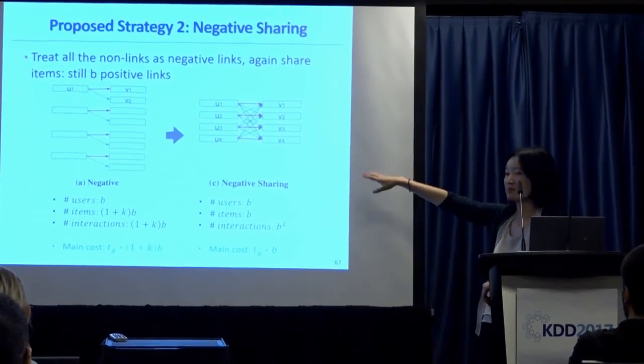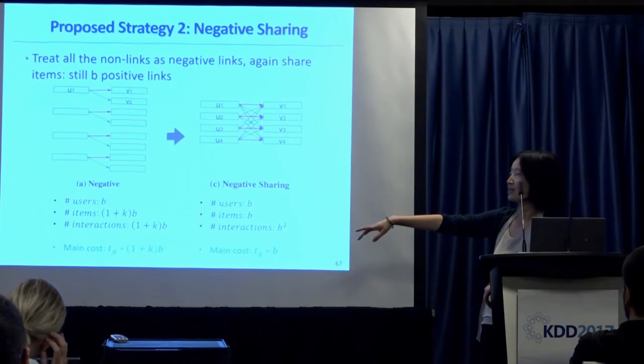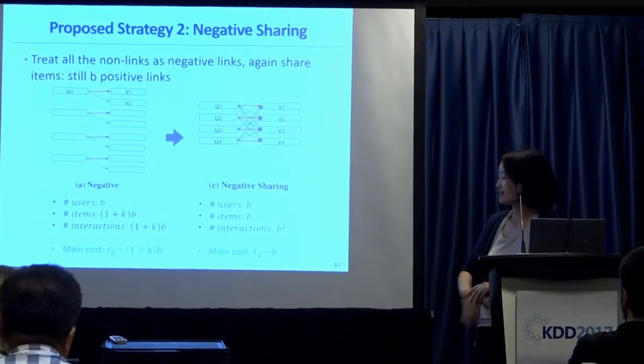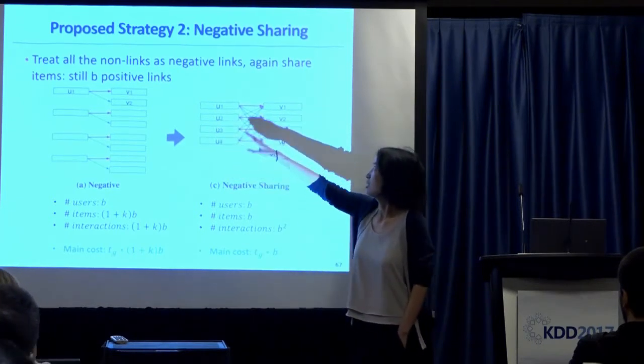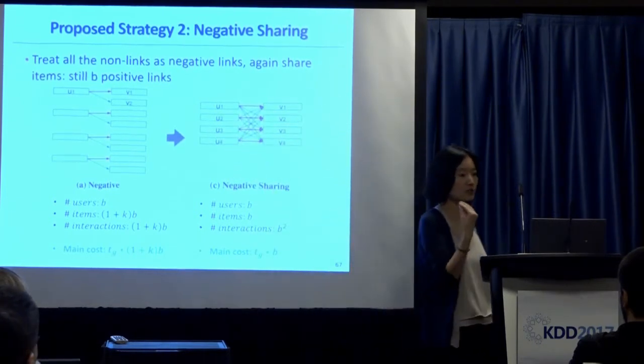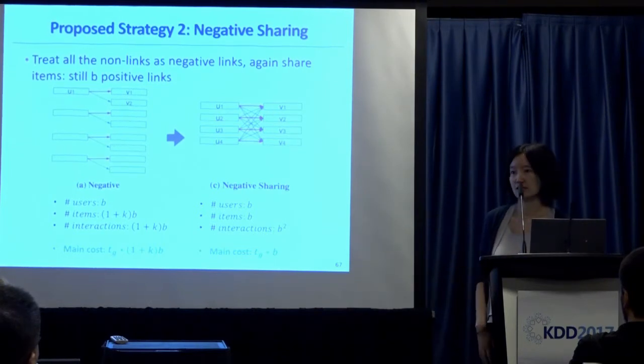We sample B positive links. So we naturally have B items and B users. And then for the remaining possible interactions, we treat them as negative links. So we do not sample negative links. We treat the remaining possible interactions as negative links.